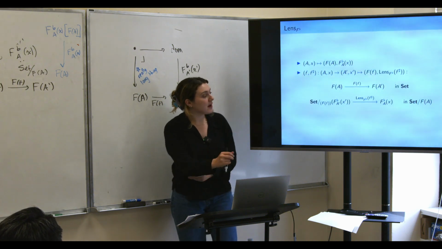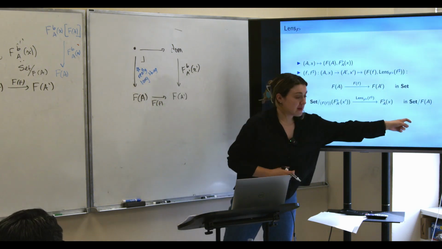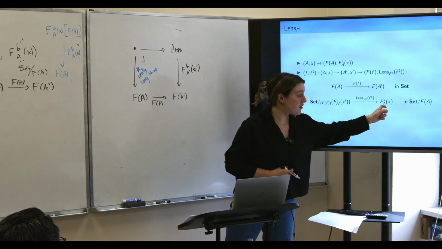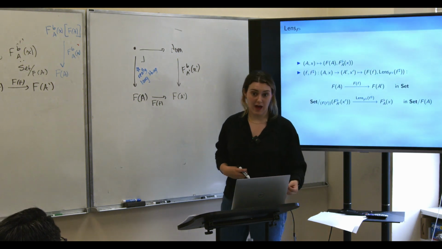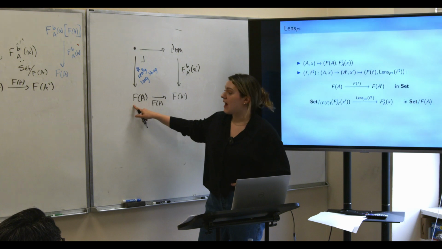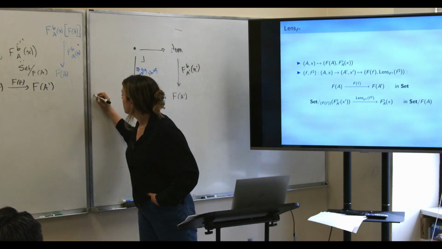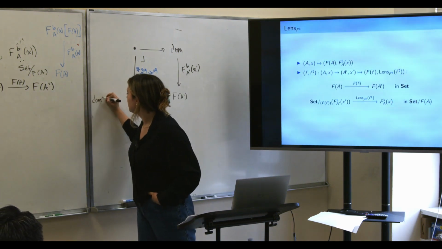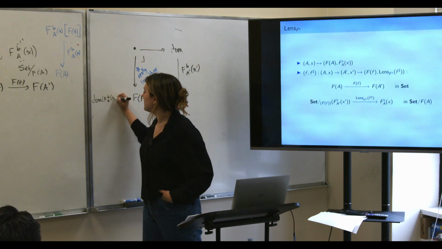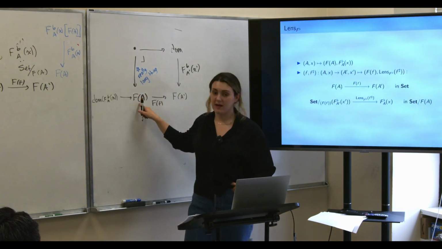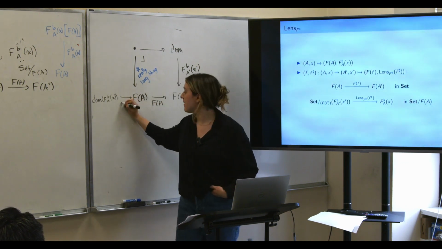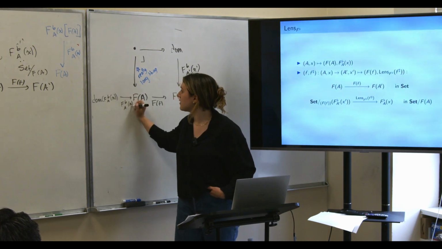Okay, and so now we want an arrow in Set sliced over F of A from this to F flat of AX. F flat of AX is an arrow from its domain to F of A. So this is F flat of AX.